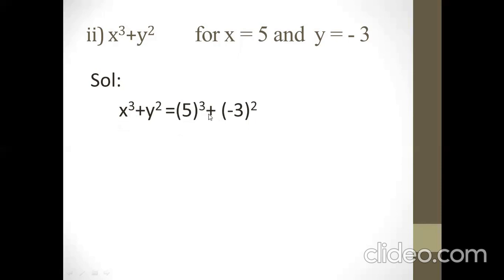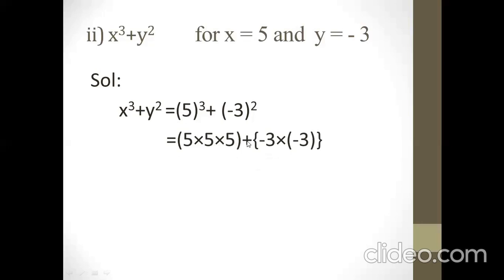Plus, instead of y, we will use the value of y, which is -3, then squared, right? 5 raised to the power 3 or 5 cubed means we have to multiply this 5 3 times, okay? Now 5 into 5 into 5.